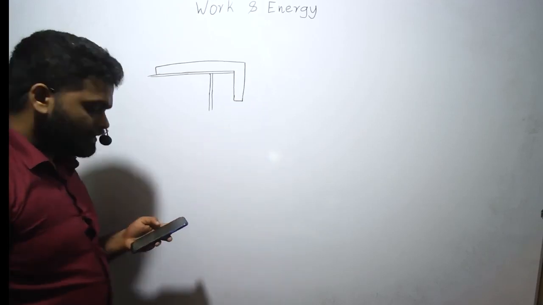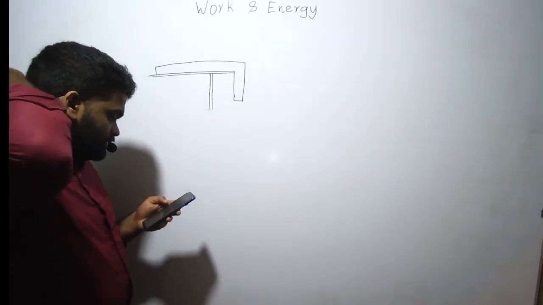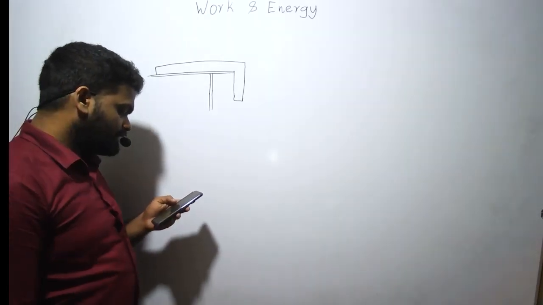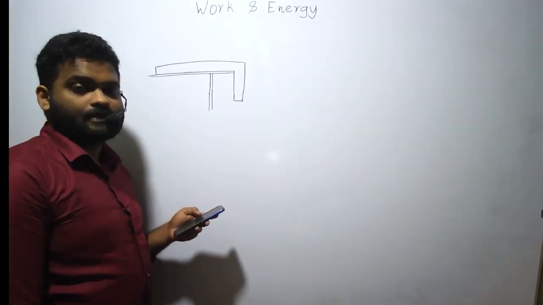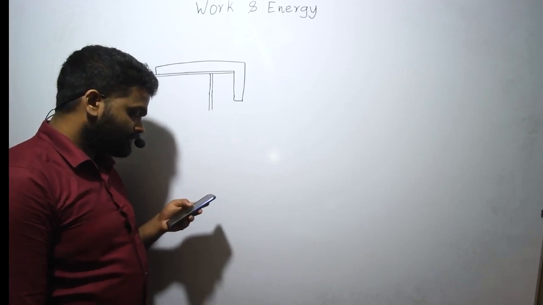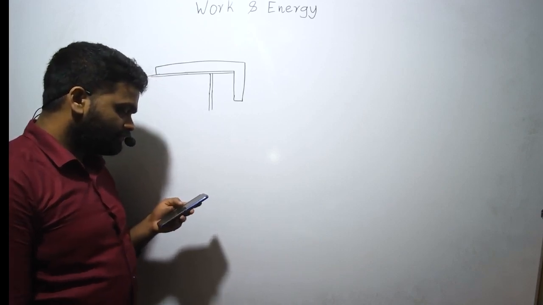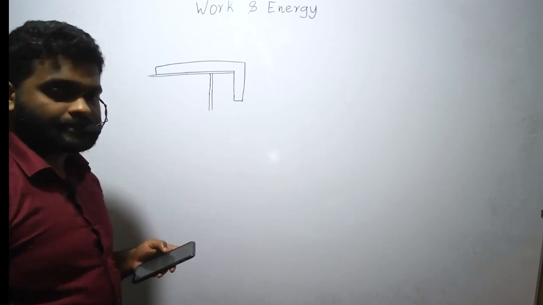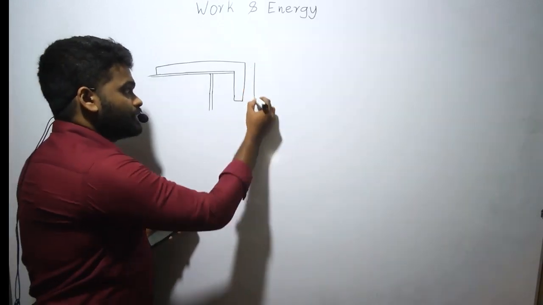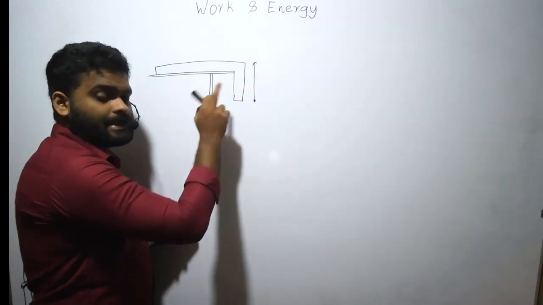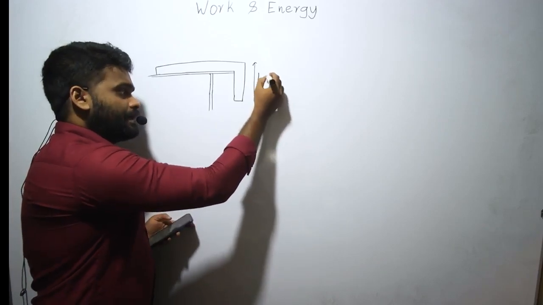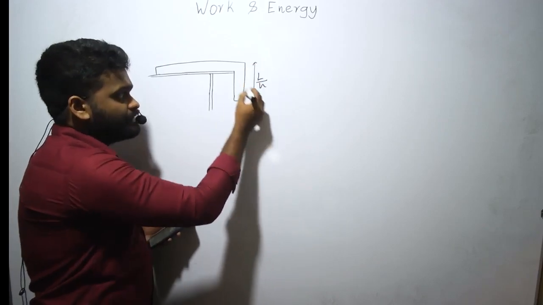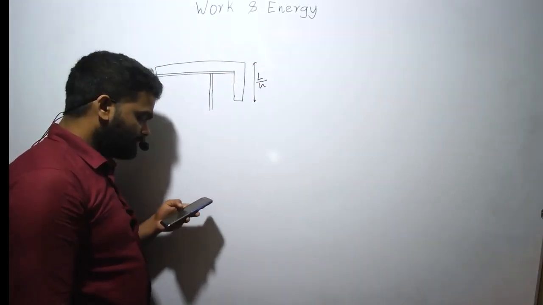The mass of the chain is M and the length of the chain is L. And they say one n-th fraction of its length is hanging by the edge of the table. So if the total length is L, L times 1 over n is hanging by the edge of the table.